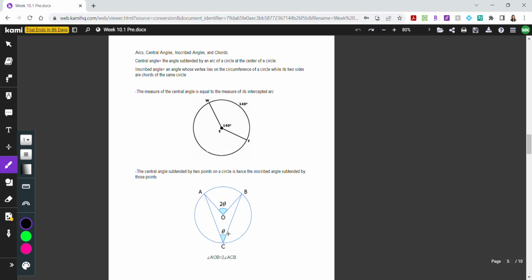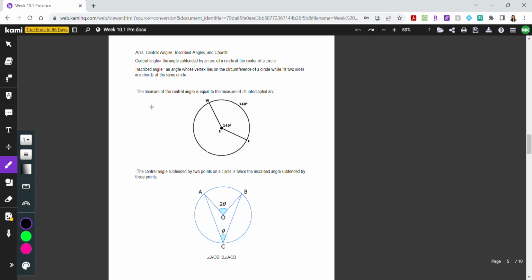So if we look at this example, this here, because this angle lies, one, on the circumference of the circle, two, its lines are made of the chords of the circle. This one here will be what we call the inscribed angle. And this one here, because it's at the center of the circle, is our central angle. Now, onto the properties.